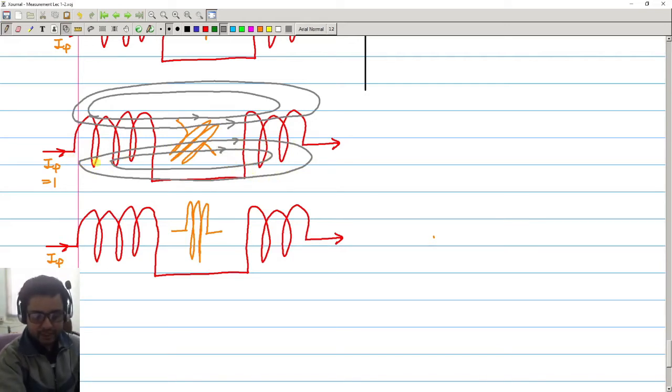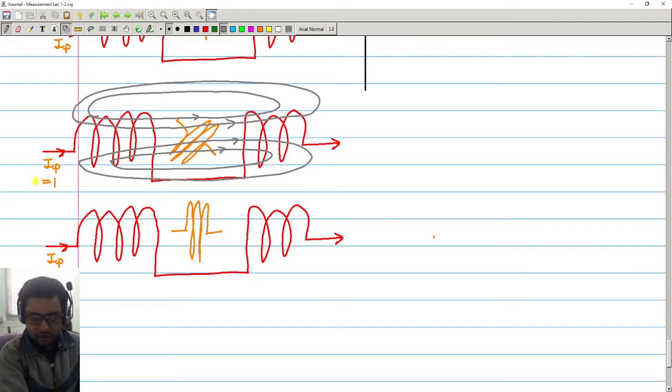And then these flux lines go through the other coil, the moving coil also, and you calculate how much flux is going through that, calculate the flux linkage. So that will give you the mutual inductance between these two coils when this current is 1 unit.